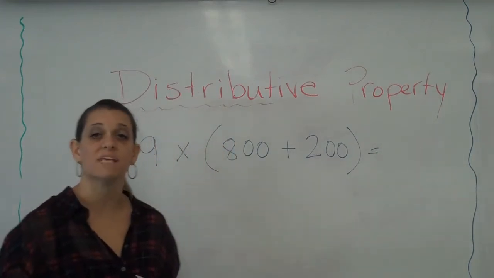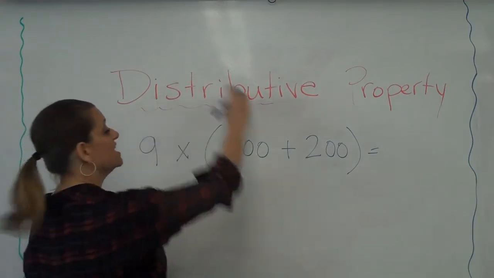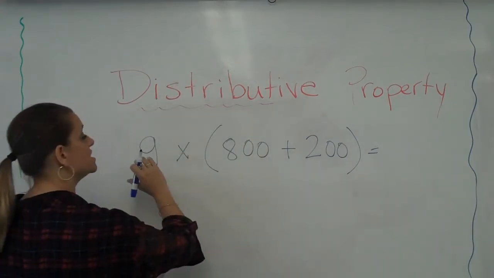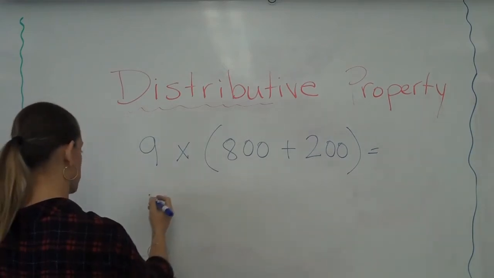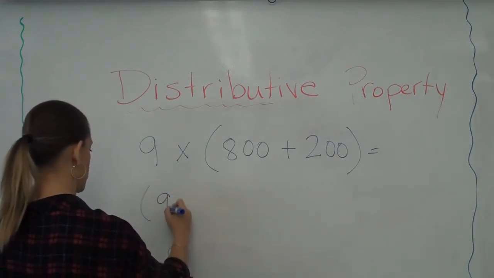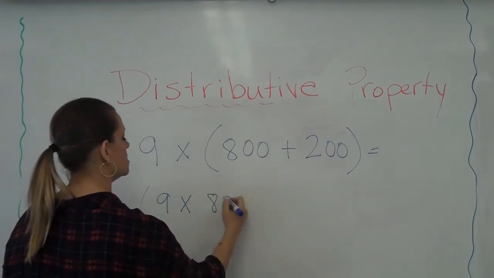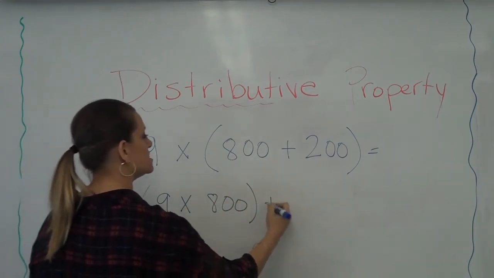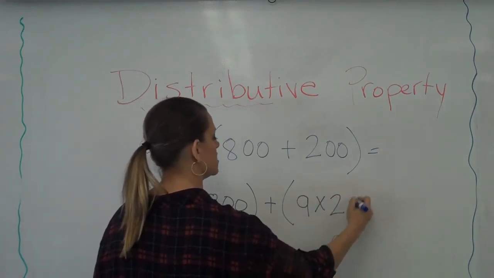Okay? 9 times 800 plus 200. We're going to take our 9 and we're going to give it into the 800. We're going to take it and we're going to give it into the 200. So, it will look like this. 9 times 800 plus 9 times 200.